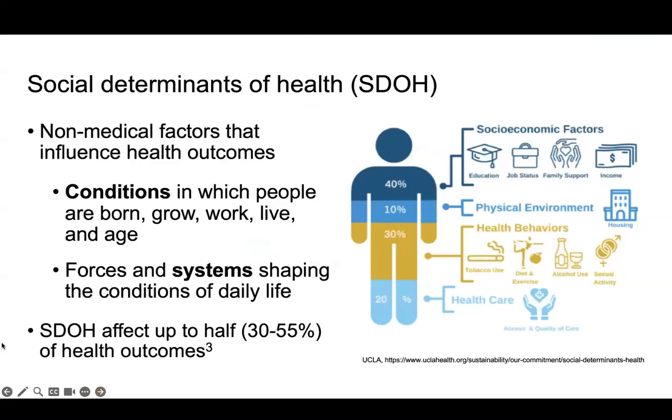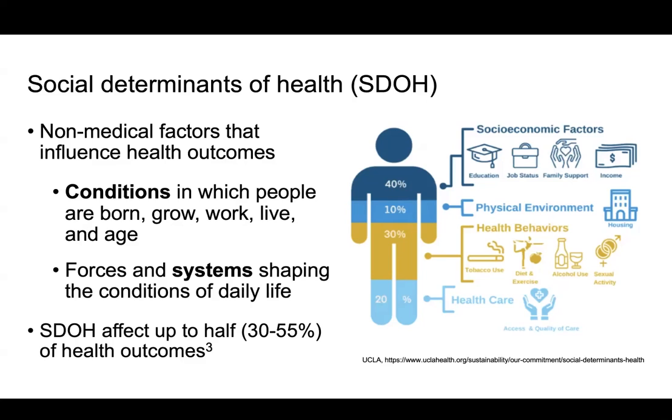Social determinants of health are non-medical factors that influence our health outcomes. These are the conditions in which we live, where we're born, where we grow, where we work, where we age, and also the forces and systems that shape our conditions of daily life. This includes political systems, social policies, and economic systems.